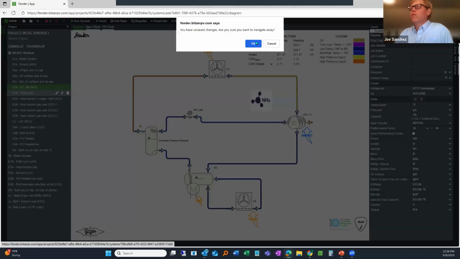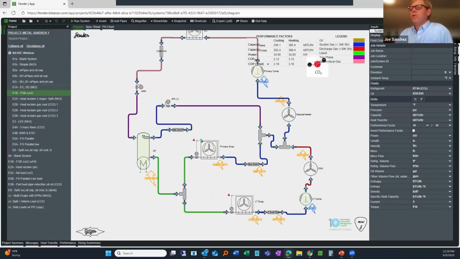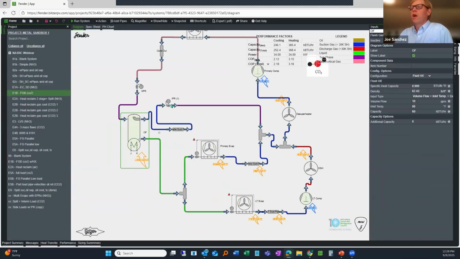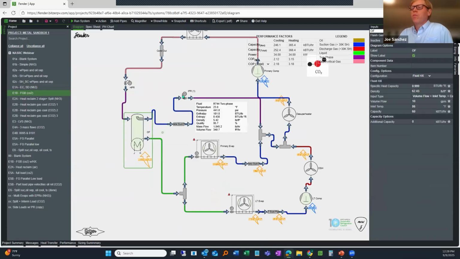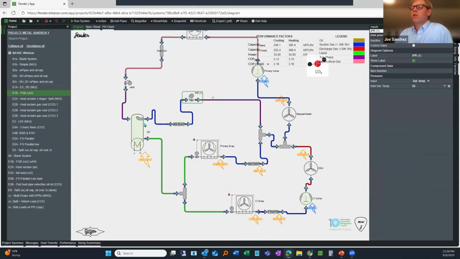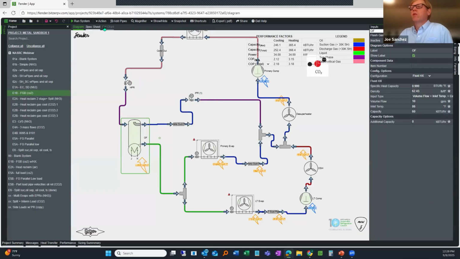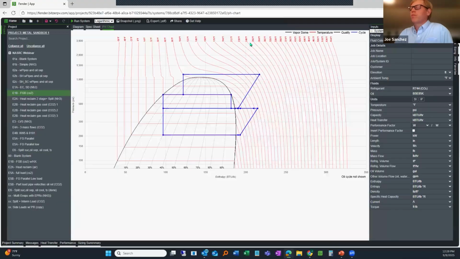In contrast, let's look at CO2. So CO2 here, we have a flash gas bypass. Same concept though. We're maintaining the pressure in this vessel. Let's look at that expansion.